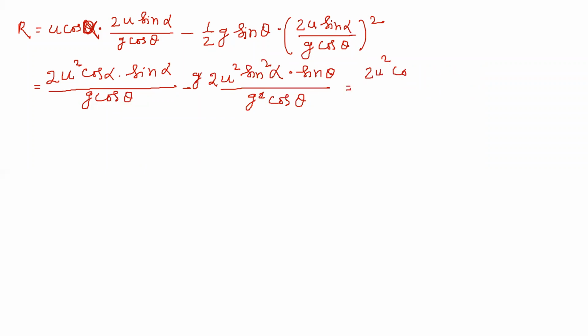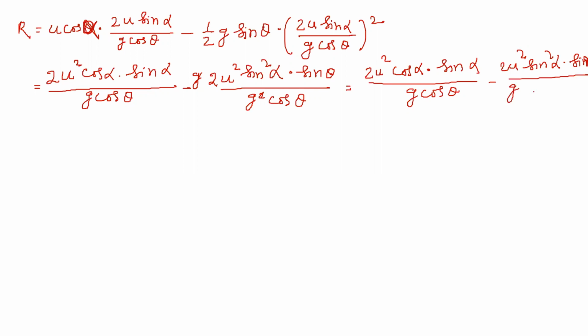it will be only 2U square cos alpha into sin alpha divided by G cos theta minus 2U square sin square alpha into sin theta divided by G cos square theta. Correct?